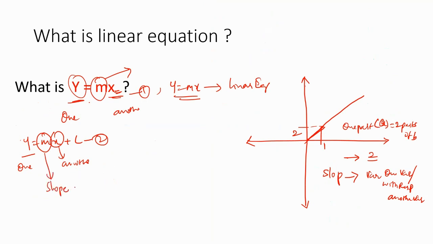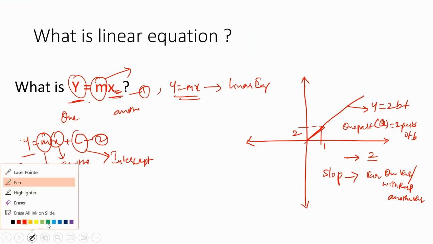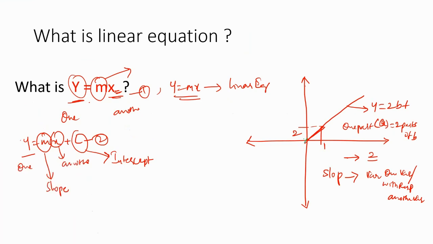Slope tells the relationship of how one variable is varying with another one, and the value of c is called the intercept. Intercept means, the equation for this line is y is equal to 2b. Let's say I'm shifting this line, so I'm going to give some intercept value, because at the origin point 0 comma 0, if b is equal to 0, a is also 0.